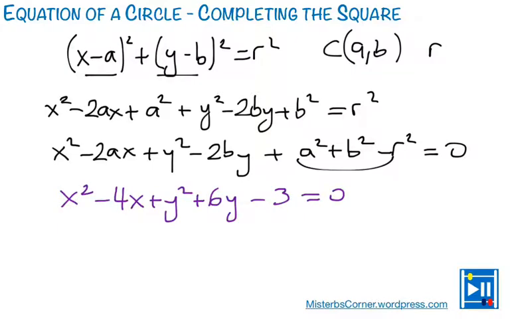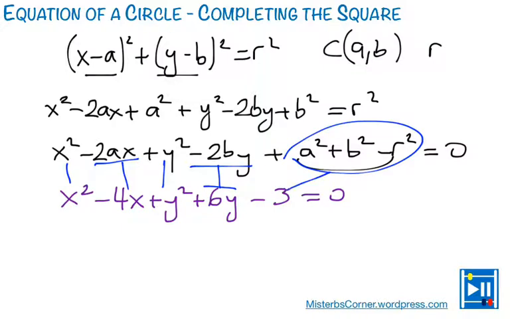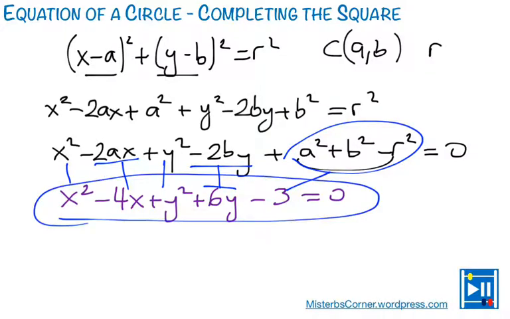So x², 2ax is here, like -4x, y², -2by is 6y here, you can see, and all this is just -3. Now, the question will be how you're going to write the center and the radius for this circle. Let's work this out.